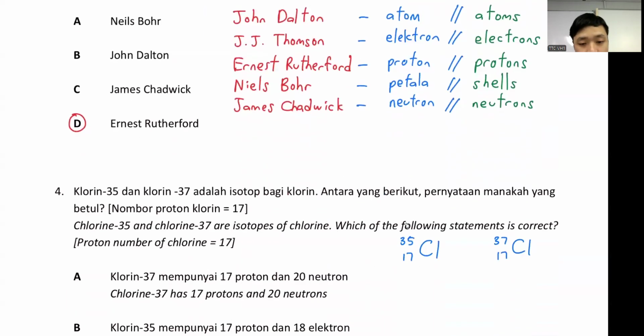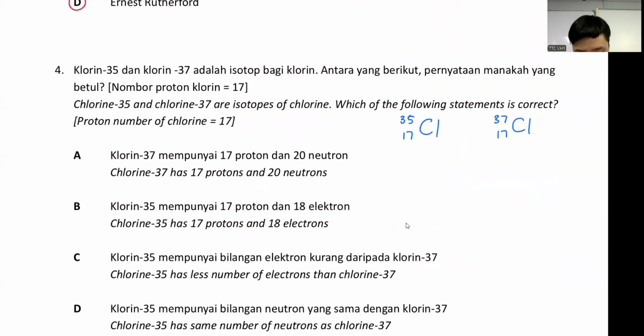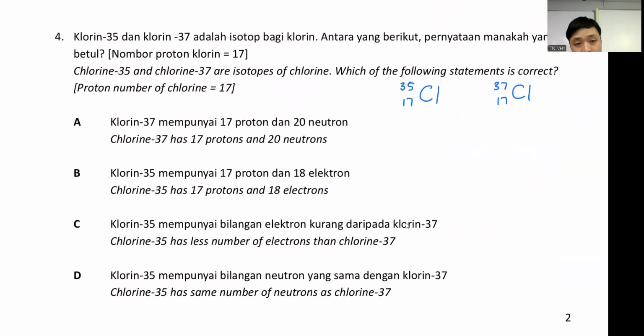And then question 4. Chlorine 35, chlorine 37. What is the correct statement for the following isotopes? Isotopes, very simple. Just remember, they have the same number of protons, 17 protons. And these 2 are chlorine atoms.